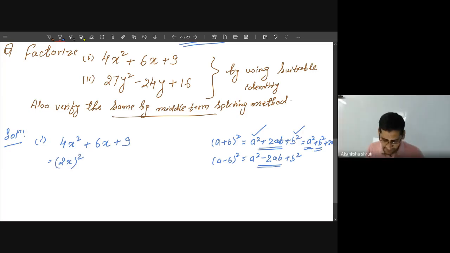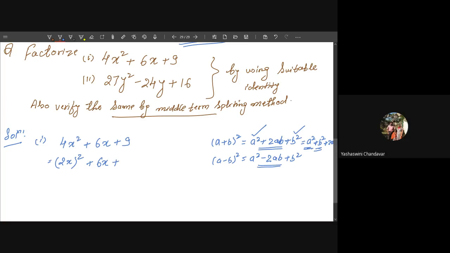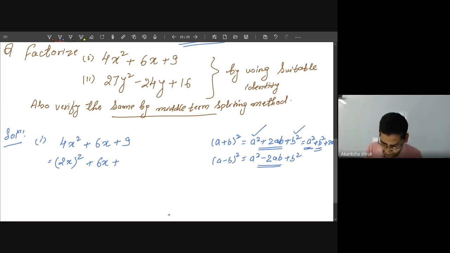Just keep the 6x as it is for a moment. Do not worry about 6x, because 6x cannot be written as a square. Now coming to 9, 9 is a perfect square number. It is 3 square.